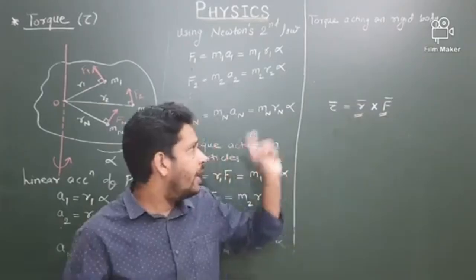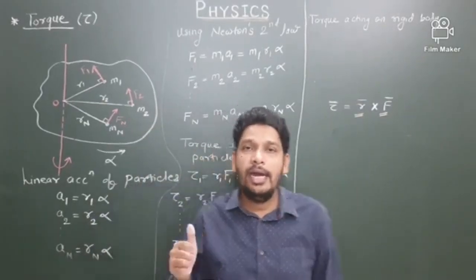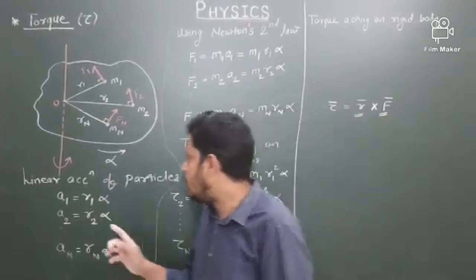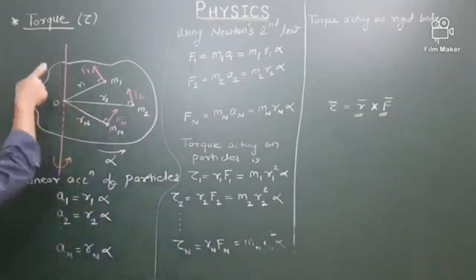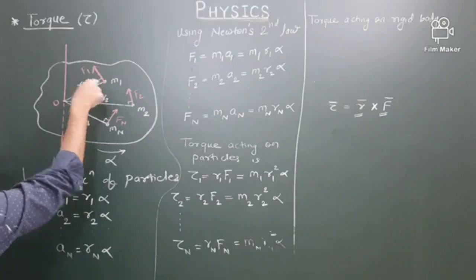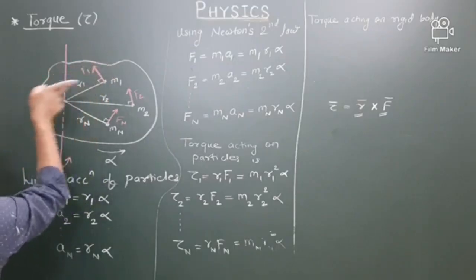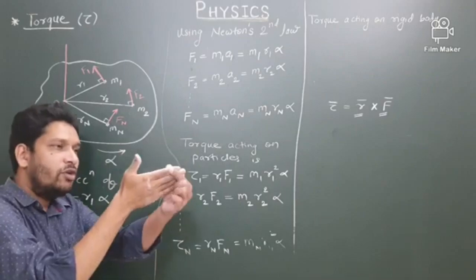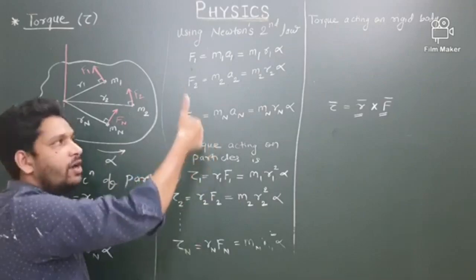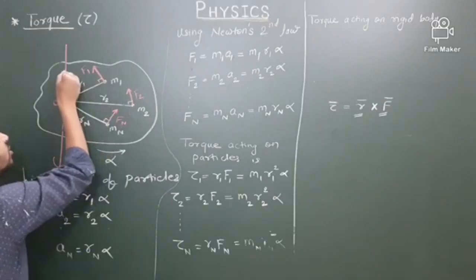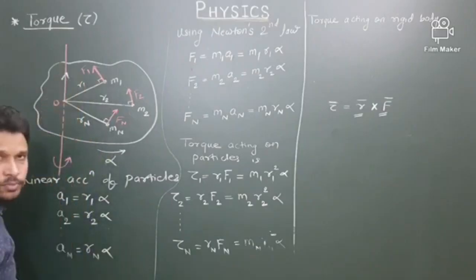And second, the direction is given by right hand thumb rule or right hand screw rule. Now this line is the axis of rotation and the body is rotating like this. This particle is going that way, f, r. Take your fingers like this, then the thumb is going up. So the torque created by this particle is going up. So this is the direction of tau 1.